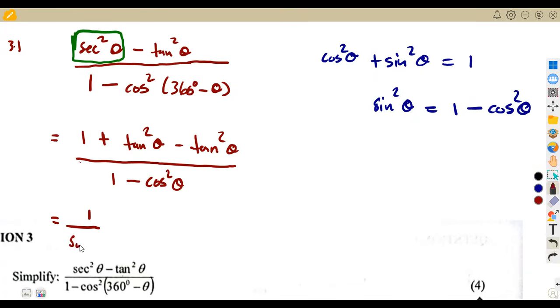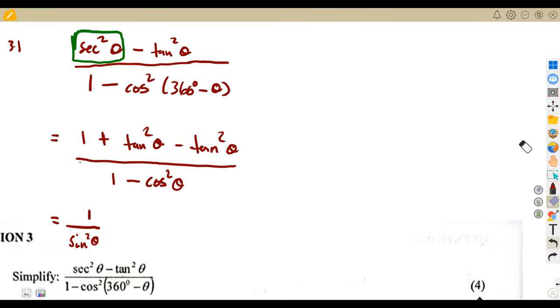And we know that 1 over sine is cosec, so 1 over sine squared is cosec squared theta. That is how you were supposed to do this question.